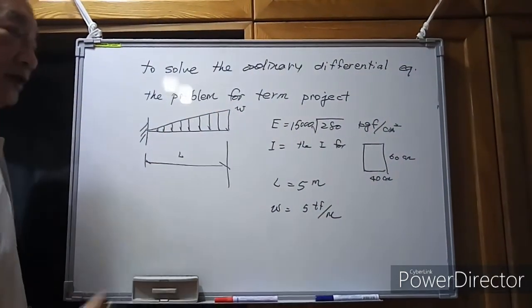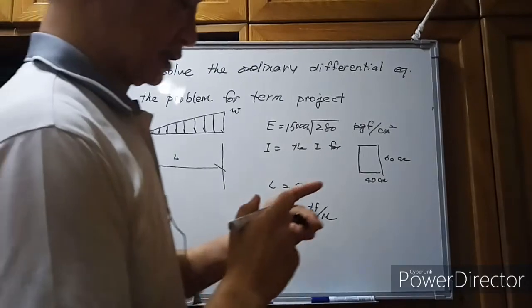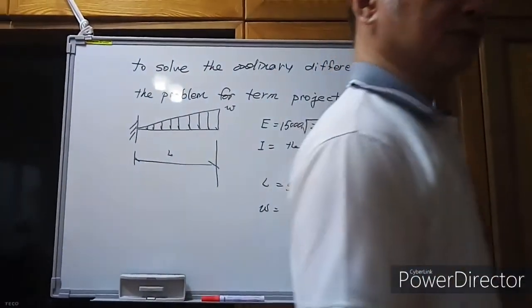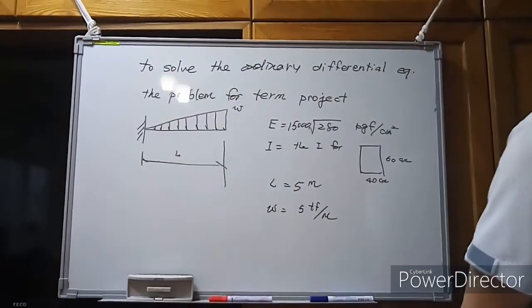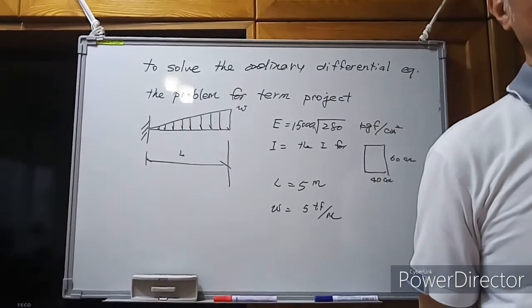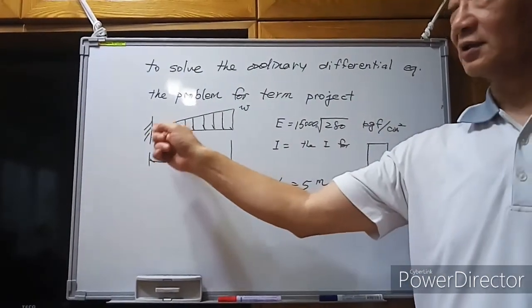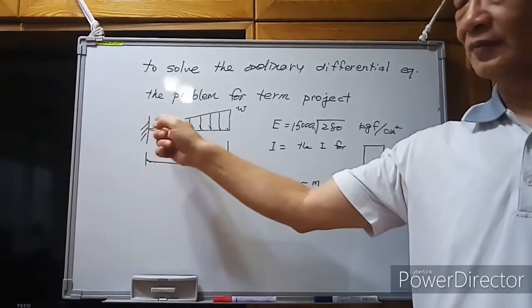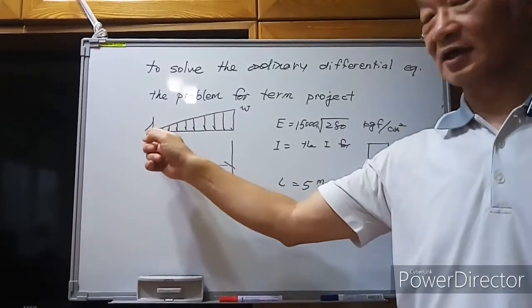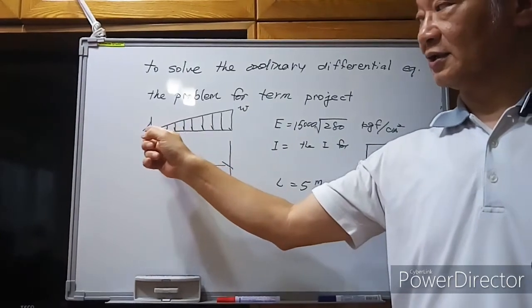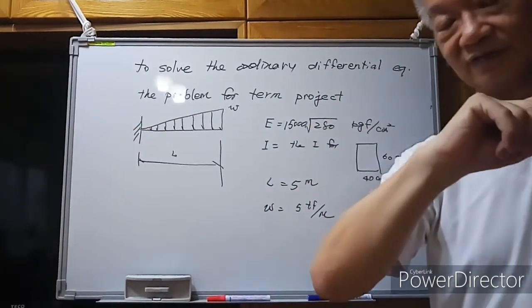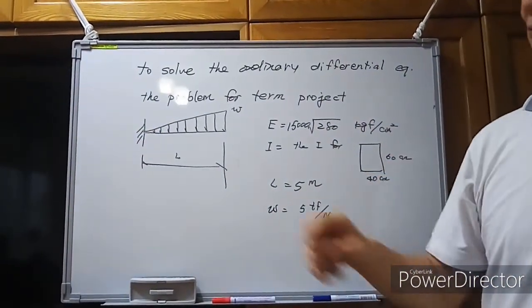At the right end, we have the maximum distributed load, and the value of W is 5 tons per meter. The left end is supported by the fixed end. At the fixed end, the distributed value is equal to 0.